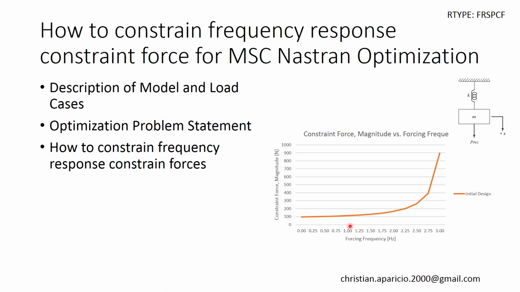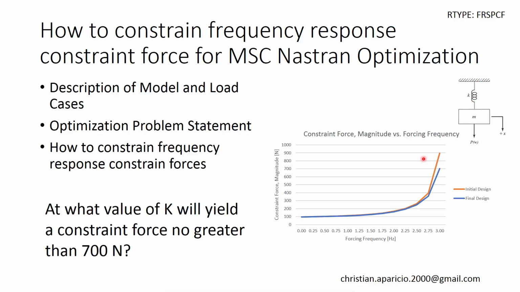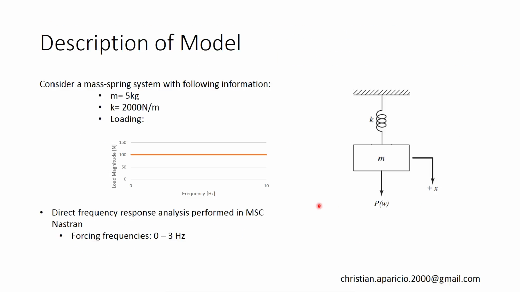You can see that at 3 Hertz, we have a constraint force of 900 newtons at the root. Here in blue is my final design after the optimization. The goal at the end of the video is to find a value for the spring stiffness K that will produce this new frequency response curve for the constraint forces.